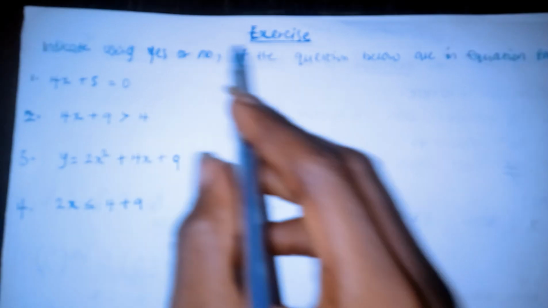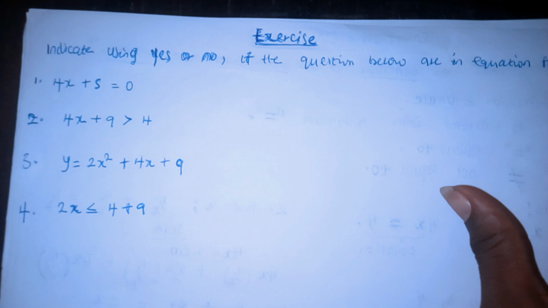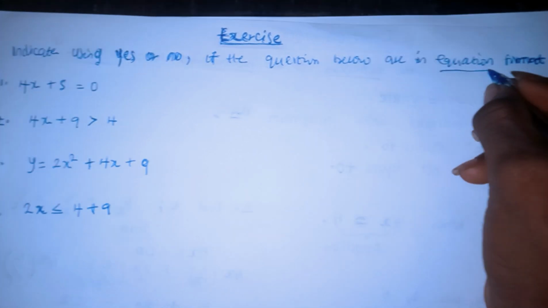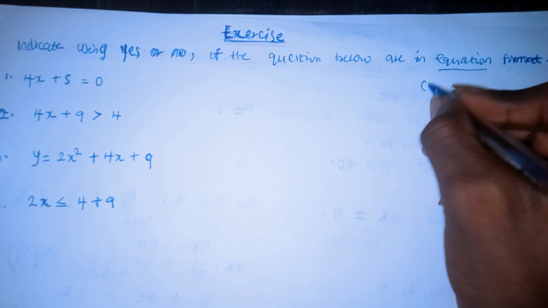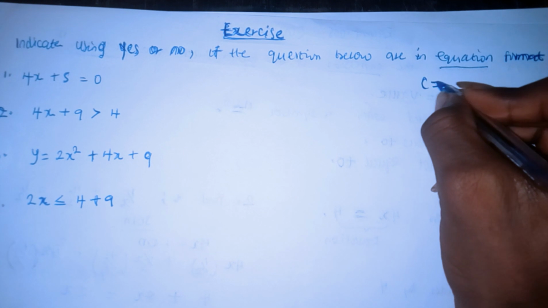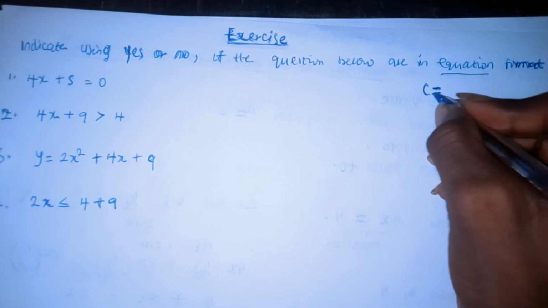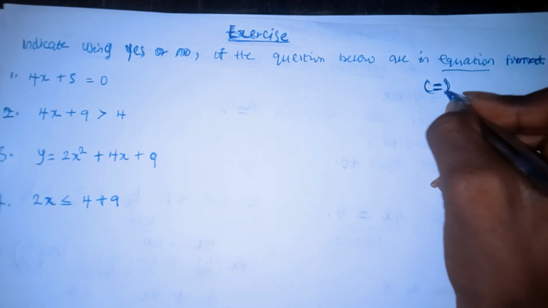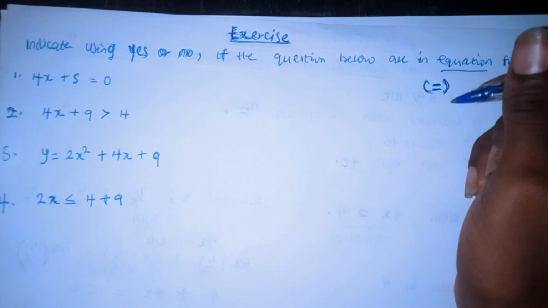Okay, we are to indicate yes or no if the questions below are in equation format. And remember, any question in equation format must have this equals to sign. I strongly believe you know that now.